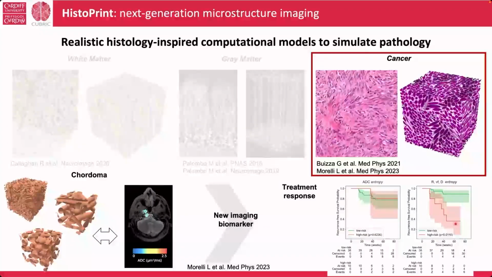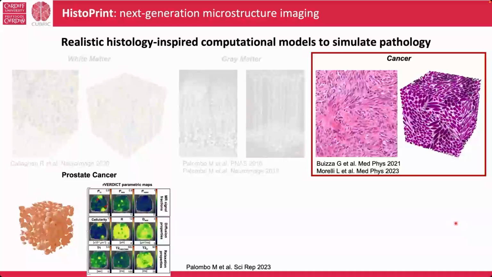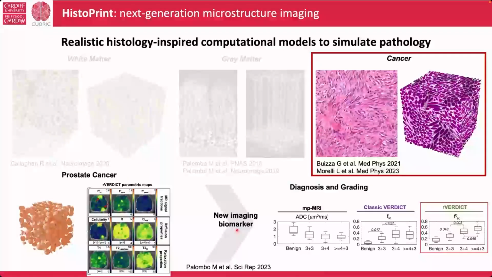And finally, this is application to prostate cancer, where we developed a new model, which is combined diffusion and relaxation. And we showed that we were able to discriminate also the most aggressive Gleason score, so the cancer which are more clinically relevant. And no other technique at the moment is able to do this.